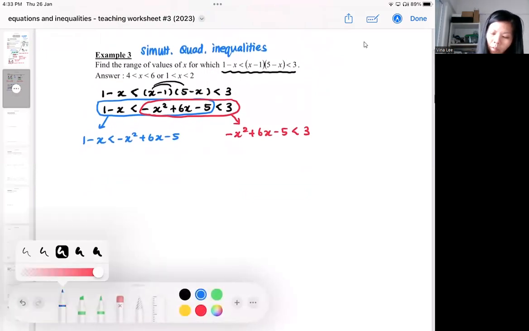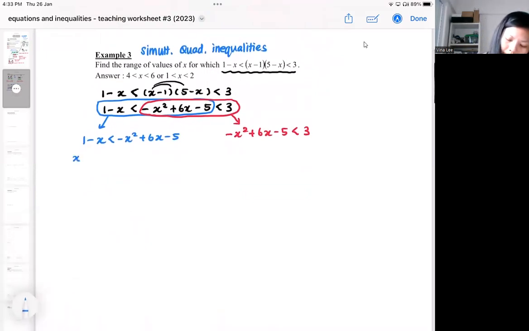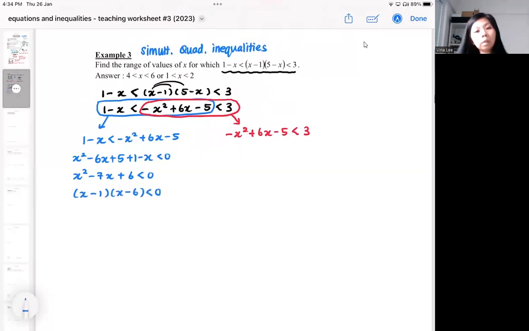So I'm going to shift all the function in such a way that I can factorize. So that is the first step. After factorizing, don't forget you are looking for the portion of the graph.